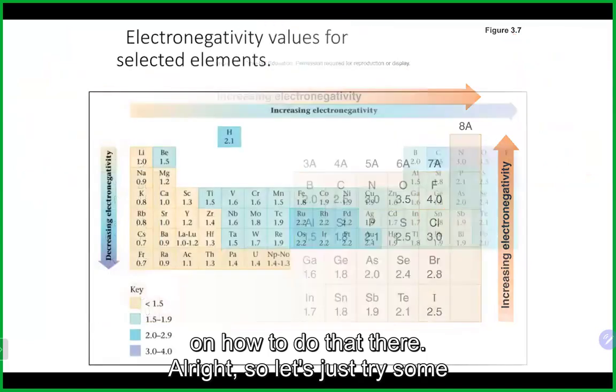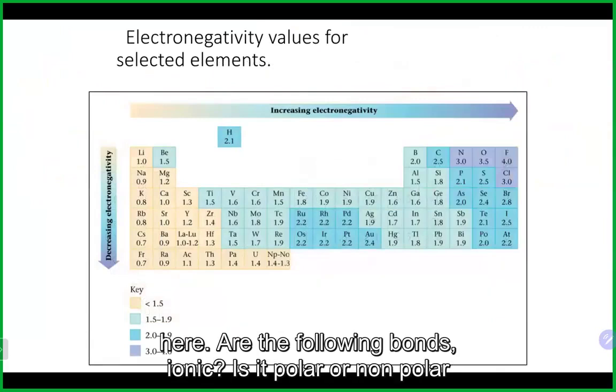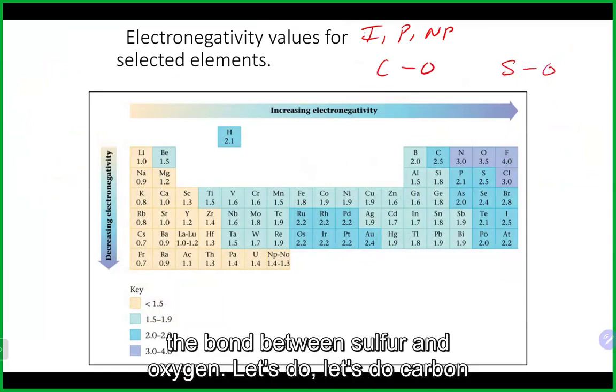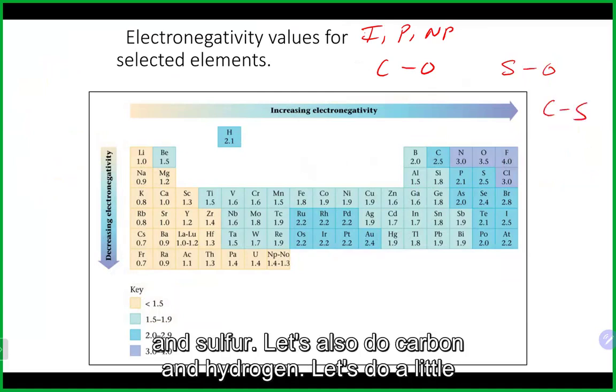All right, so let's try some here. Are the following bonds ionic, polar, or nonpolar? The bond between carbon and oxygen, the bond between sulfur and oxygen. Let's do carbon and sulfur. Let's also do carbon and hydrogen.